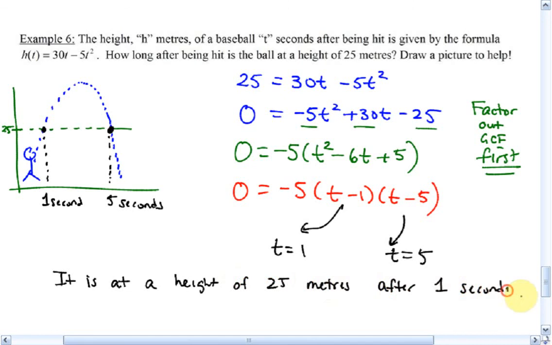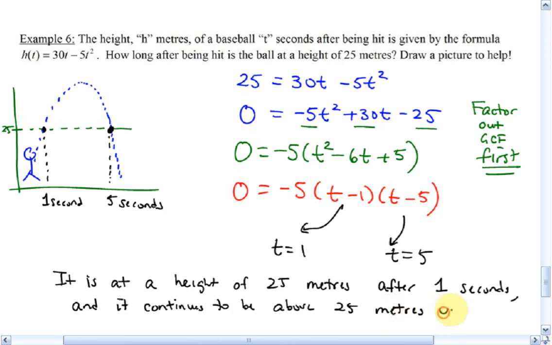And I'll say, and it continues to be above 25 meters until how many seconds? Until 5 seconds. Don't be lazy, please don't be lazy.